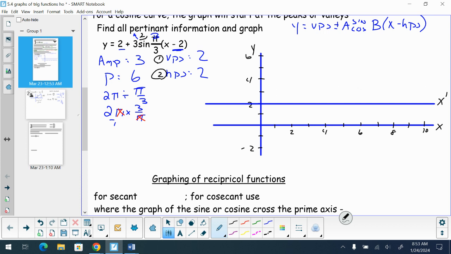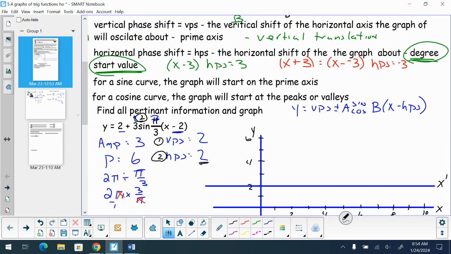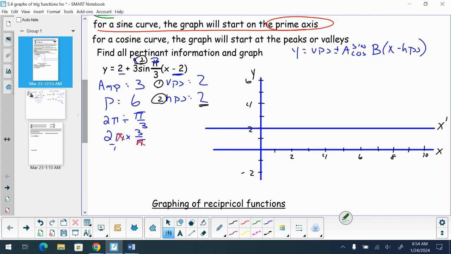And we also look at the trig function. The horizontal phase shift tells us where we start our x value. We start at 2. The trig function, sine, tells us we start on the prime axis. So we have to start at 2, and when we deal with a sine curve, we start on the prime axis. So at the value of 2, we are on the prime axis.